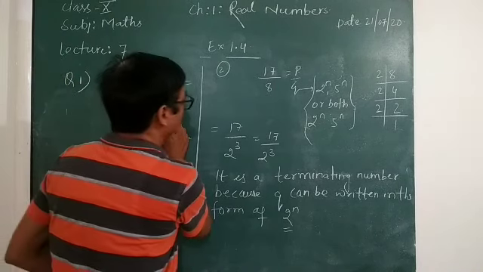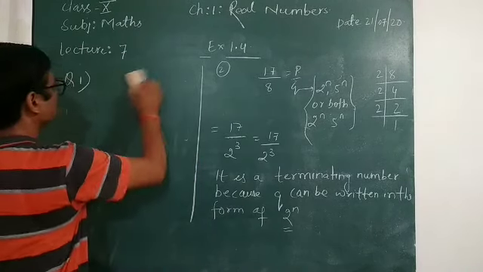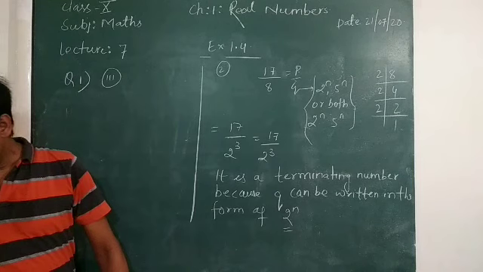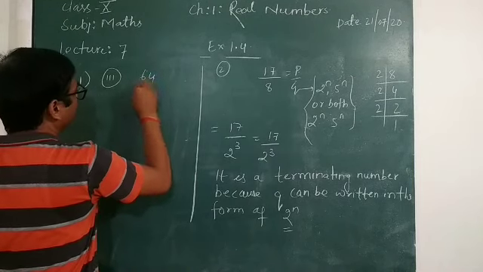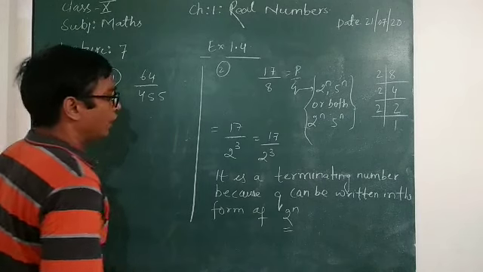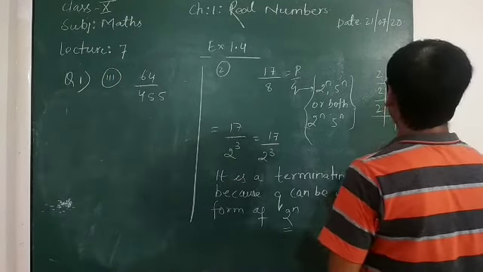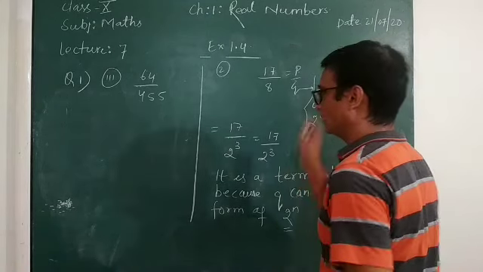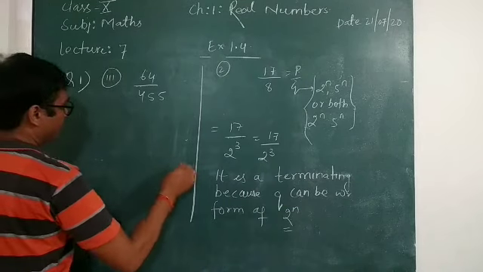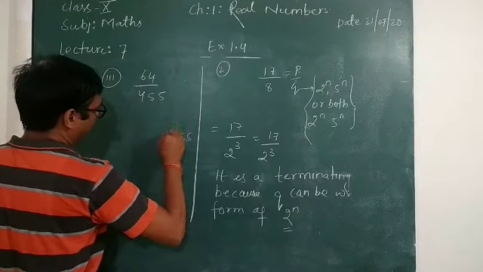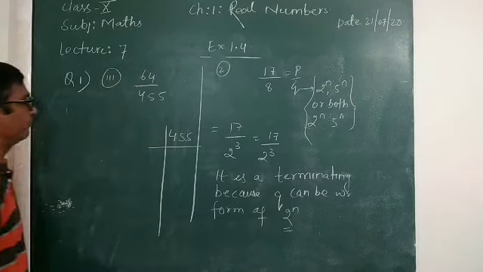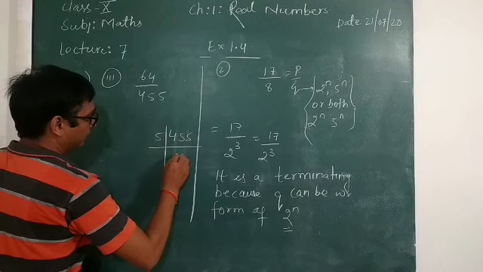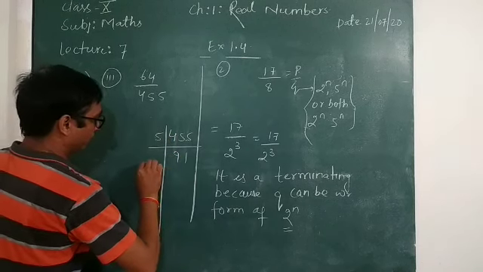So let's see option number 3. Option number 3 is 64 upon 455. Again we can take the prime factors of 455. It will be divisible by 5, giving 91.